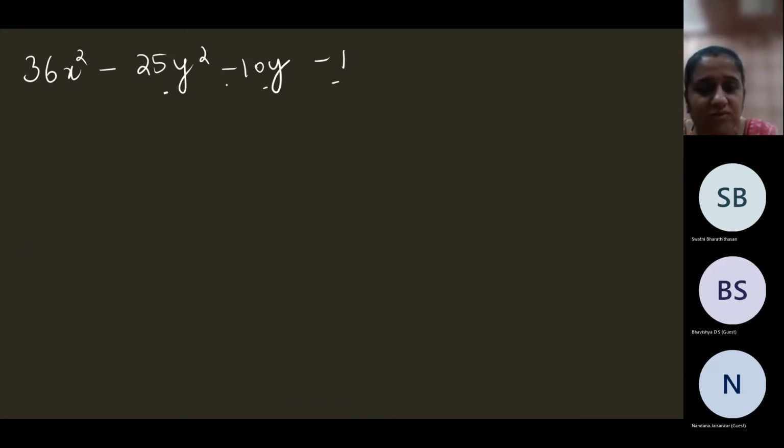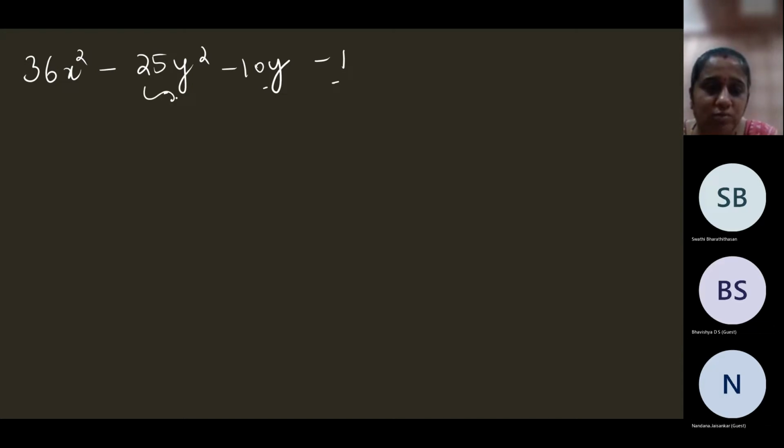Now here you cannot group the first three terms because the term is 36x squared, but the middle term does not have an x at all. Then how will you get 2ab? 36x squared means 6x the whole square, so the middle term should have an x in it, right? But there is no x term at all here.